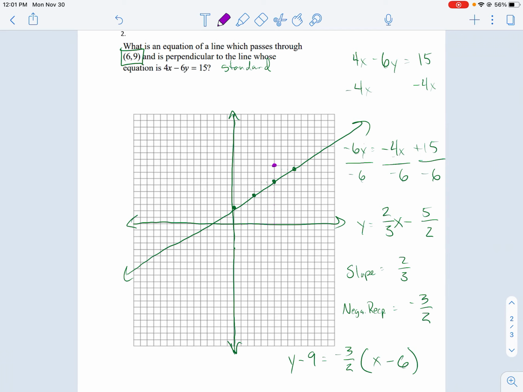We're going to go down 3 over 2, down 3 over 2, over 2, back 2. And there is the equation of a perpendicular line that goes through that point (6, 9).